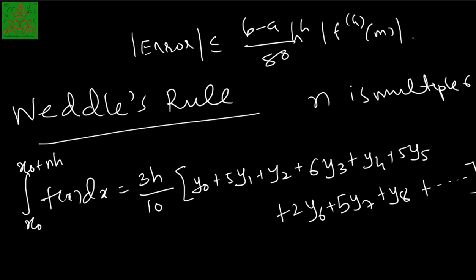Simpson's 3/8 rule is used when the number of subintervals is a multiple of 3, and Weddle's rule is used when the number of subintervals is a multiple of 6. Generally, Weddle's rule is more accurate than any other rule discussed here. Of course, Simpson's one-third rule is better than the 3/8 rule.